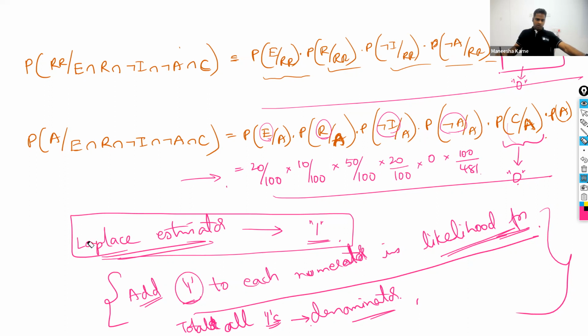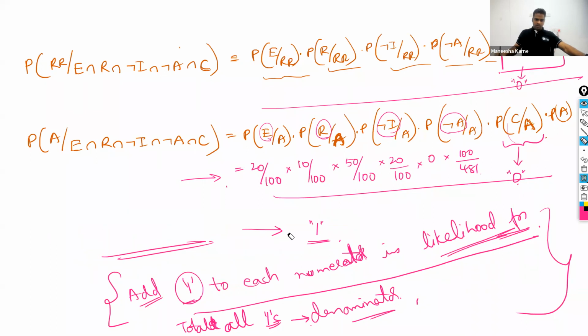So let's understand how that calculation happens. Laplace estimator equal to 1. By default, it is 1, but Laplace values can be changed also. So now you add 1 to all the numerators.